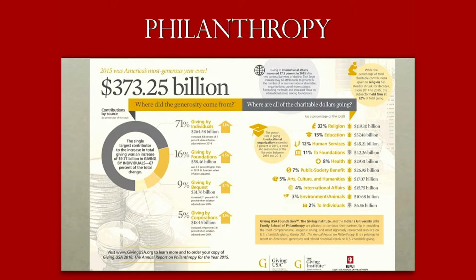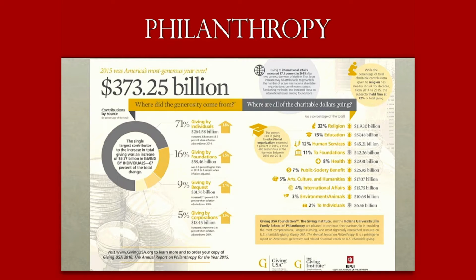In 2015, that was $265 billion, and that doesn't even include the additional $32 billion roughly that comes in the form of bequests, from one's will or estate, when you leave a legacy as part of your estate. So 80% of the over $370 billion given comes at the control of individuals.